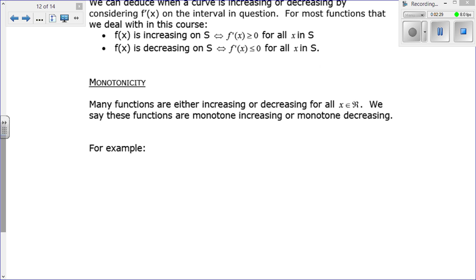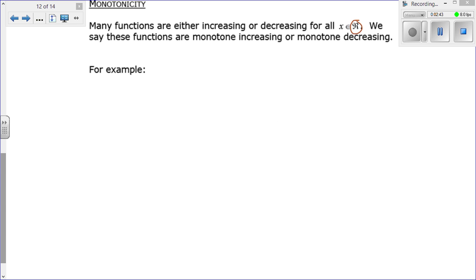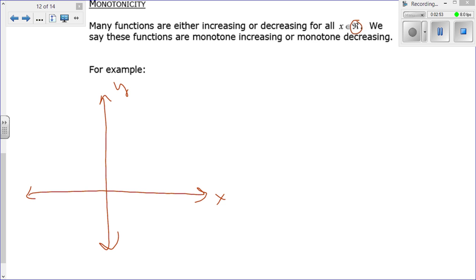All right, monotonicity. Many functions are either increasing or decreasing for all x as an element of the real numbers. That stands for real numbers. We say these functions are monotone increasing or monotone decreasing. So for example, try my axes here. This is y. This is x. There's my function. So we'll say that this is y equals 2 to the x.